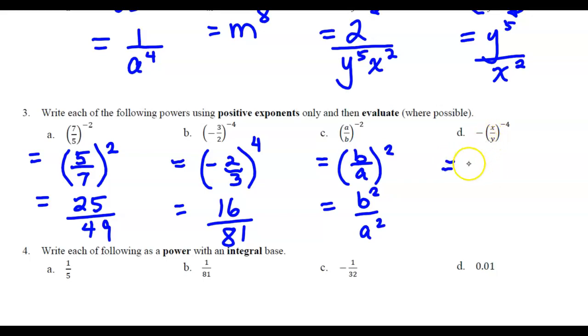The negative stays out. It's outside of the brackets. It has nothing to do with that power. And then here, that's going to be y over x to the positive 4. So negative y to the 4th over x to the 4th.